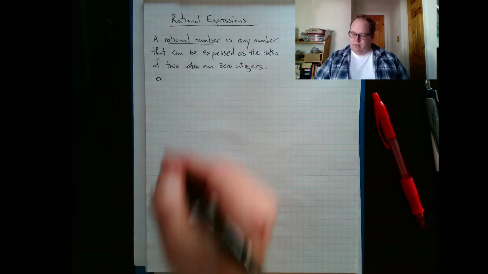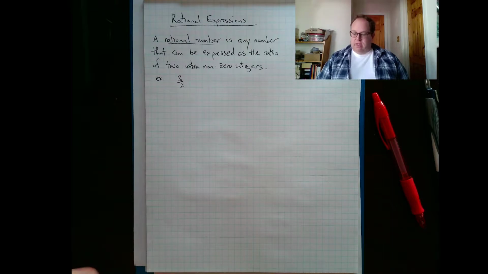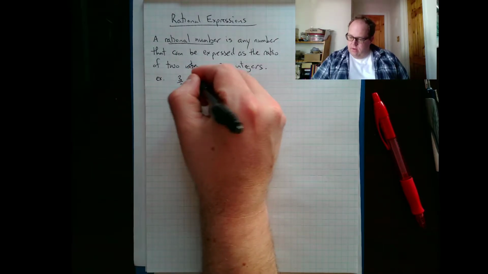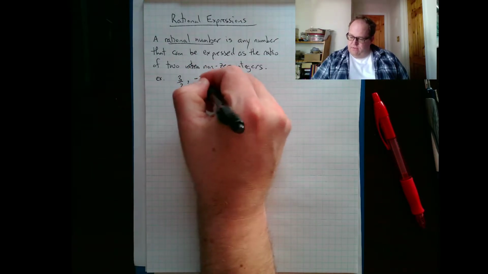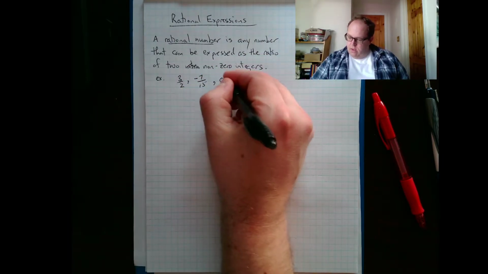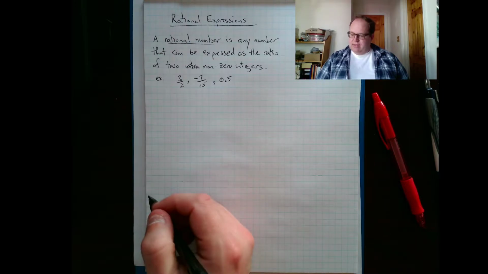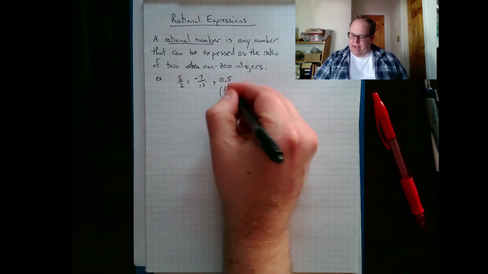So for example, 3 over 2 would be a rational number. Negative 7 over 15 would be a rational number. 0.5 would be rational because I can express it as that same ratio. I can express it as 1/2.